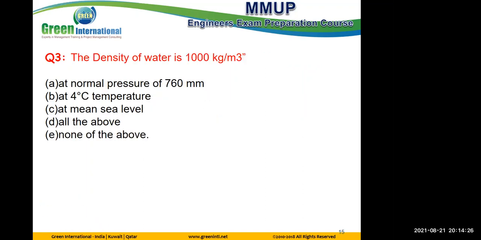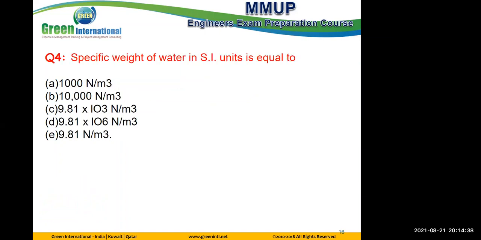Density of water is 1000. At which condition? At 4C. B, all of the above, or none of the above. Yes. The specific weight of water in SI: specific weight is gamma, which is rho g.